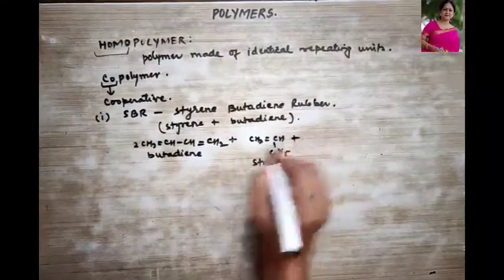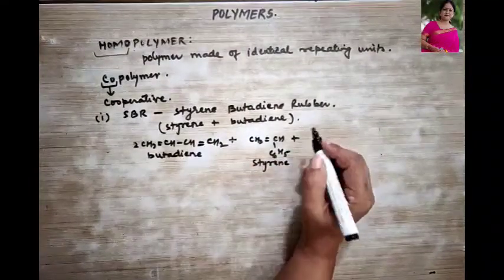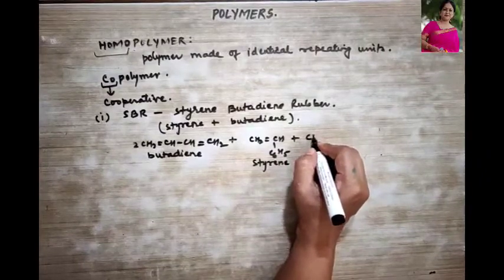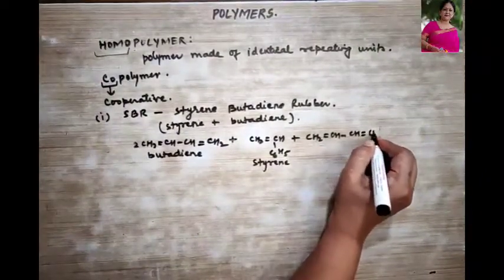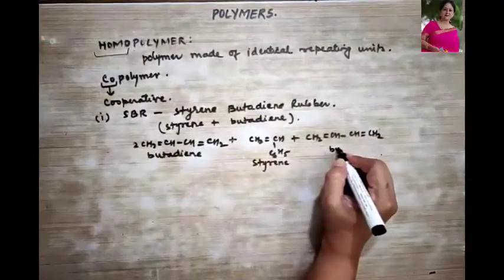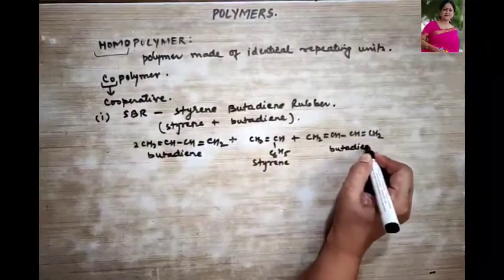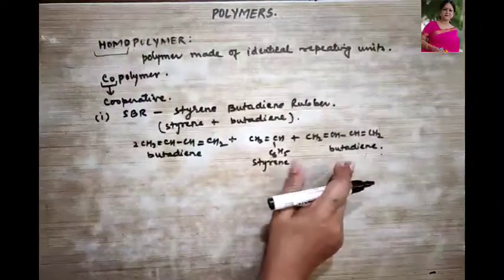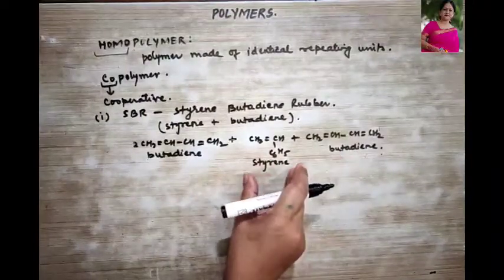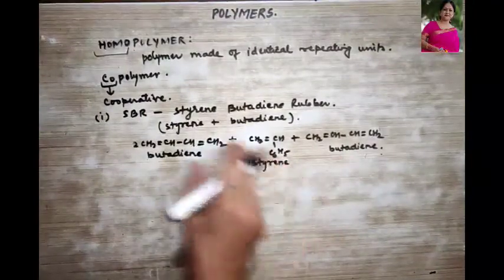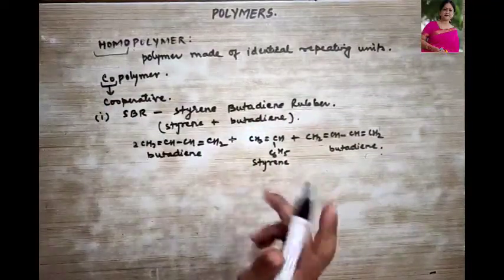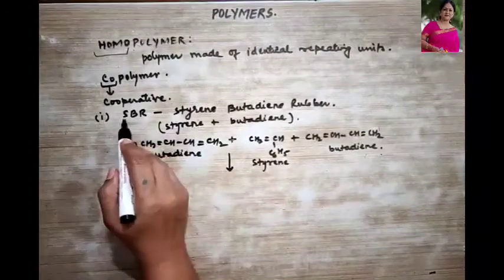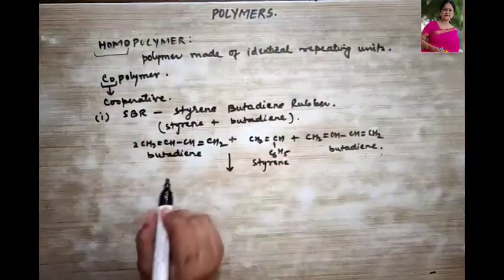It combines with another butadiene, that is CH2 double bond CH double bond CH2. So two monomers of butadiene and one of styrene, that is the cooperative polymer. They combine to form SBR, styrene butadiene rubber.